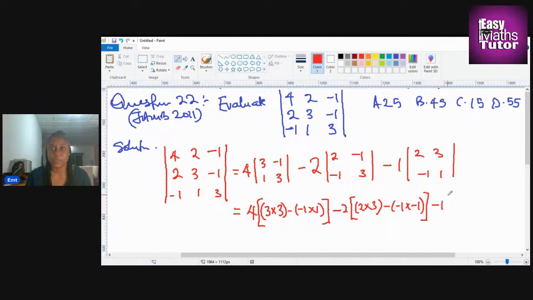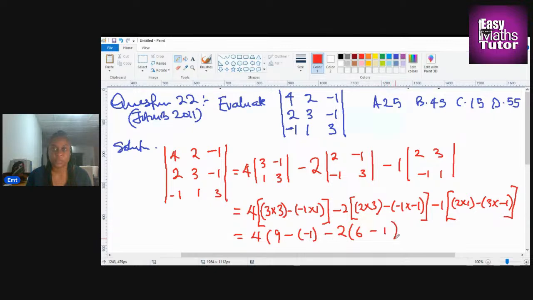Then we have minus 1, 2 times 1, minus 3 times minus 1, which will give us 4, 9, minus 1, minus 2, 6, minus 1, minus 1, 2, minus 1.